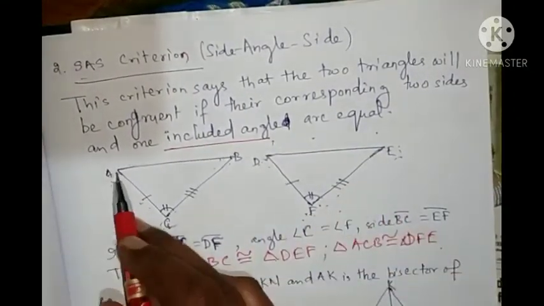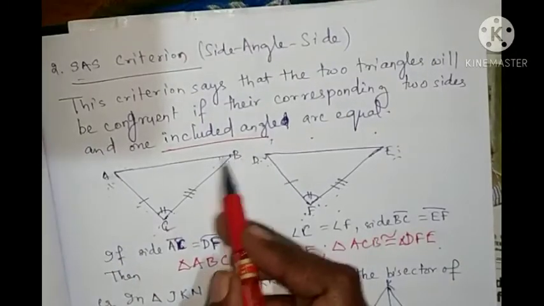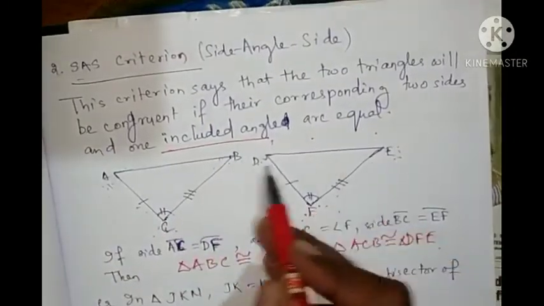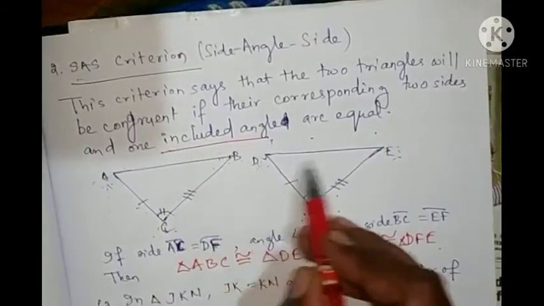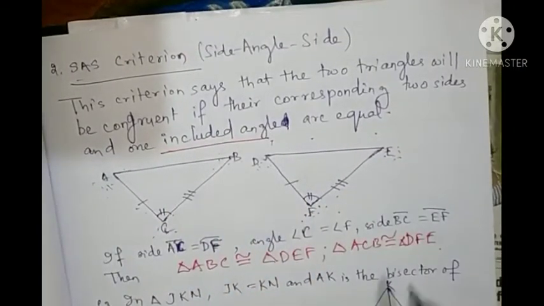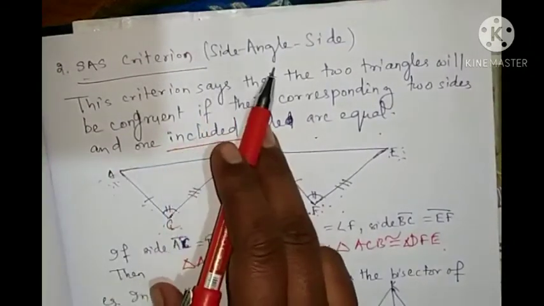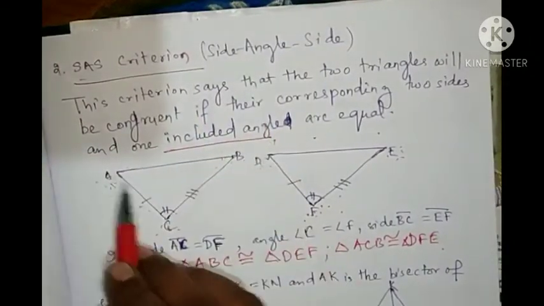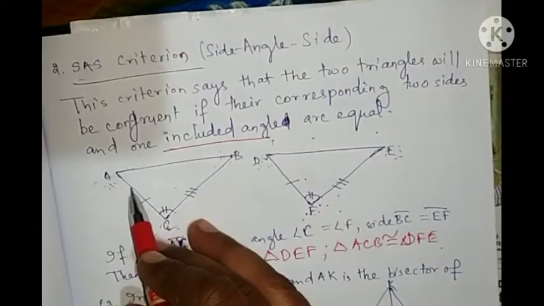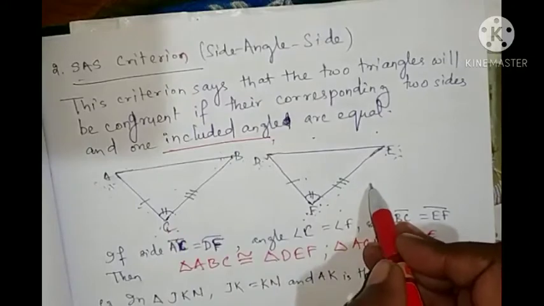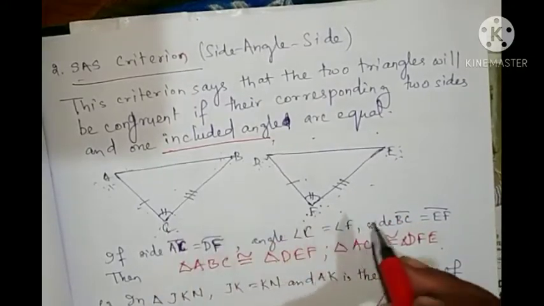If you write BAC, you write EDF. If you write CAB, you write FDE. Like that, you will maintain the order. So the SAS criterion shows that two triangles are congruent if their corresponding two sides and the included angle are equal.